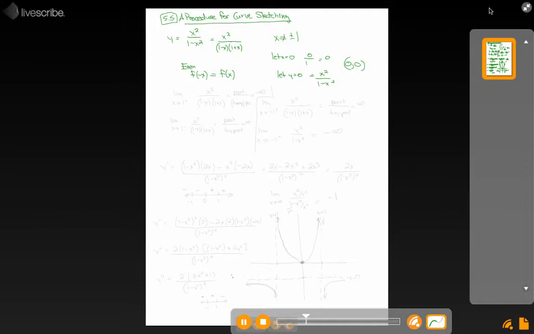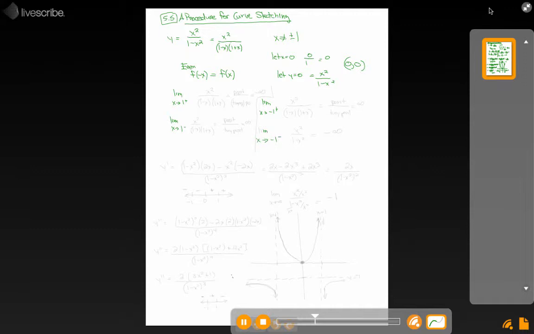And now when I look at the asymptotes, if I do the limit as x approaches 1 from the right, the limit as x approaches 1 from the left, and the same thing for negative 1 from the right and from the left, I can decide whether these are going to be vertical asymptotes or not, which is often the case with these non-permissible values.